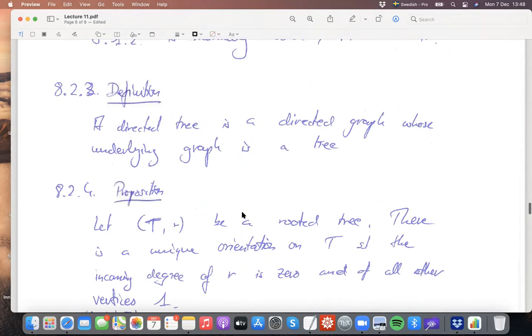Okay, so a directed tree is just a directed graph whose underlying graph is a tree.